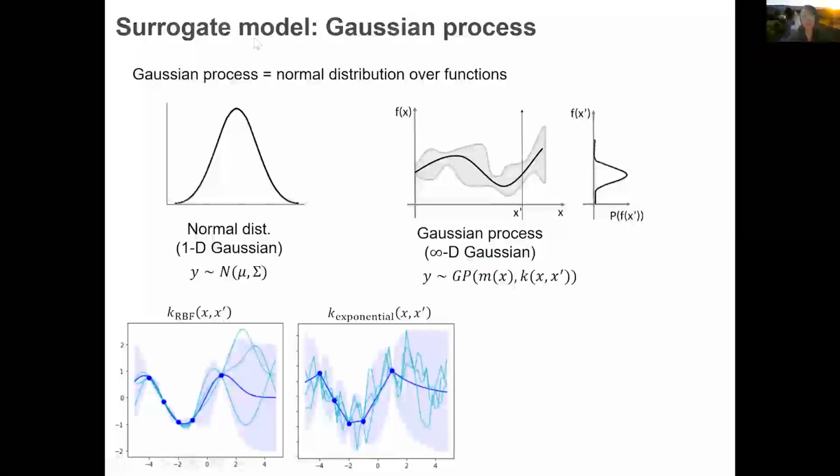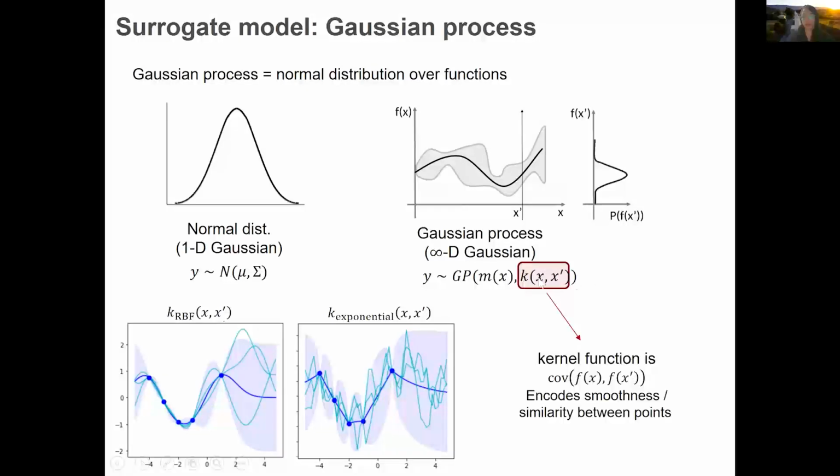So for the surrogate model, we chose a Gaussian process, and a Gaussian process is just an infinite-dimensional Gaussian. Rather than having a normal distribution with mean and sigma, we have a distribution with a mean function and a covariance function.